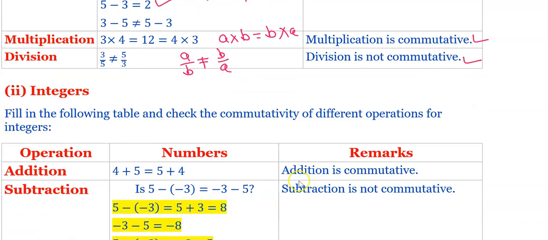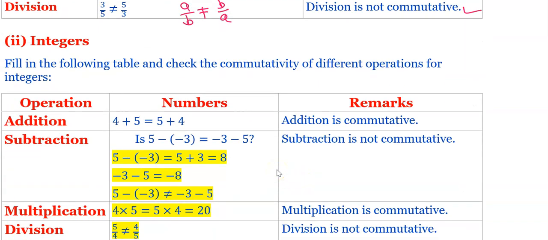Now for the integers. Addition: if we take any two numbers, 4 plus 5 and 5 plus 4, that equals 9. Therefore we say that addition is commutative.